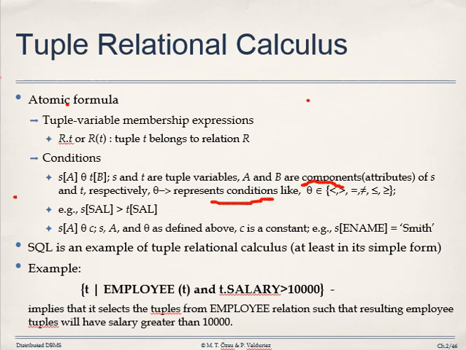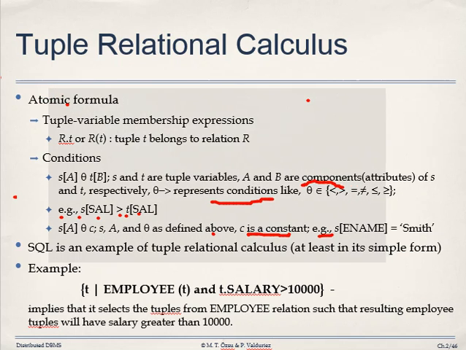For example, S.salary greater than T.salary. Then S.A θ C, with S, A and θ as defined above, and C is what? C is a constant, for example employee name equal to Smith.